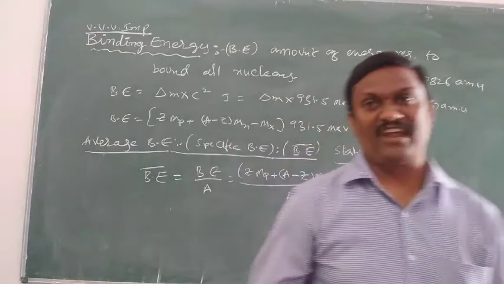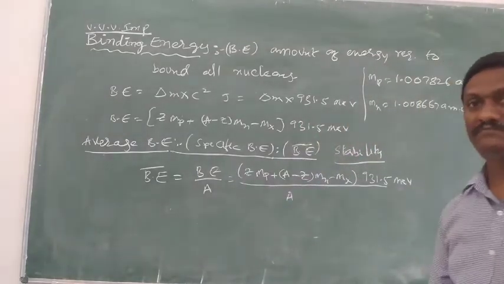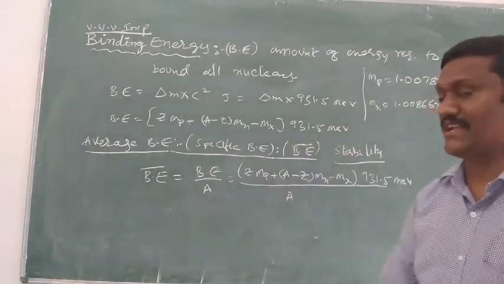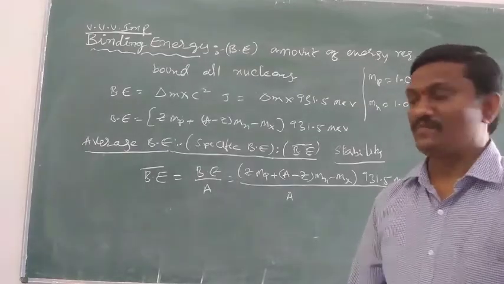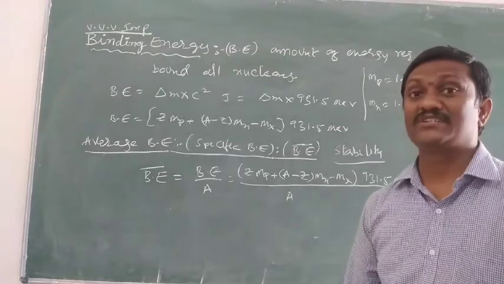So that is the definition and expression of average binding energy. Based on this value, we can estimate the stability of the nuclear system.